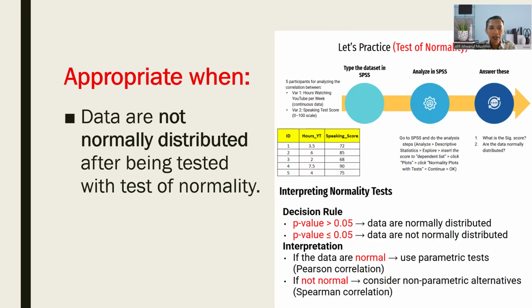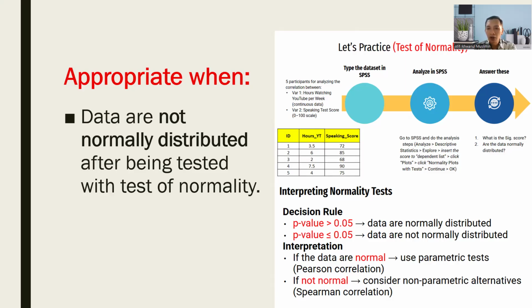This analysis is also appropriate when the data are not normally distributed after being tested with a test of normality. In a previous meeting, we discussed how to test the normality of the data using SPSS: click Analyze, Descriptive Statistics, Explore, insert the score into the dependent list, click Plots, then Normality plots with tests, Continue, and OK.